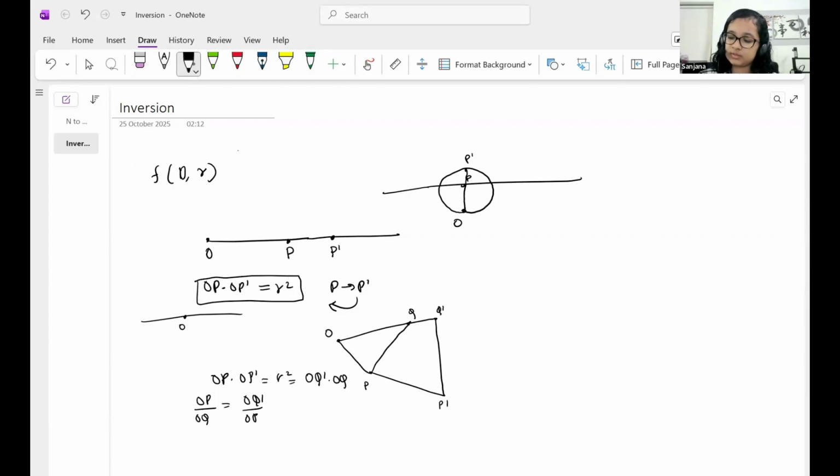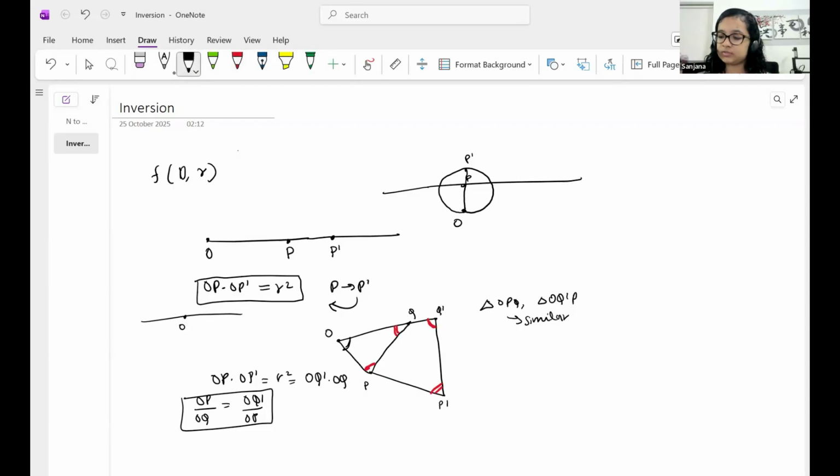And since these two triangles, OPQ and OQ dash P dash, have the same vertex angle here, and you also have this ratio, that means they're similar. So what you get there is this angle is equal to this angle, and this is equal to this.